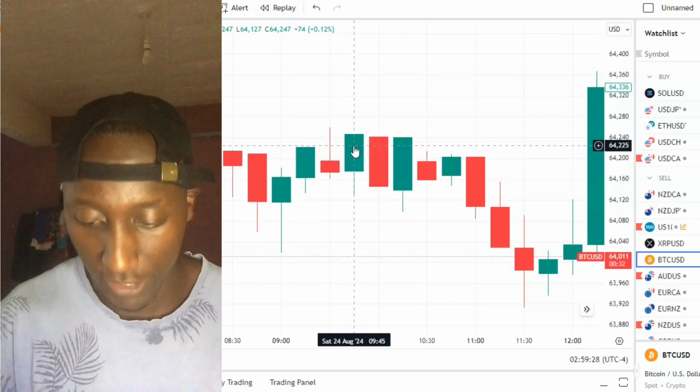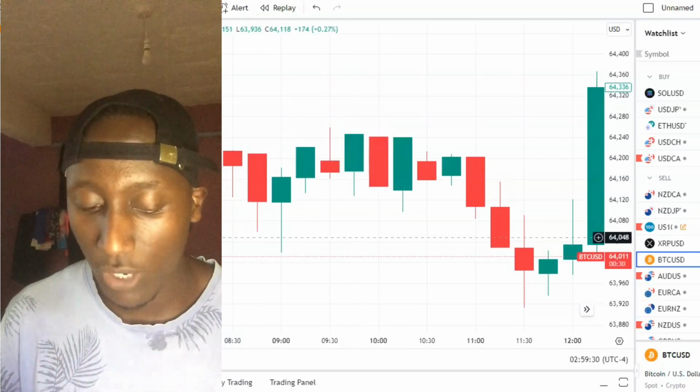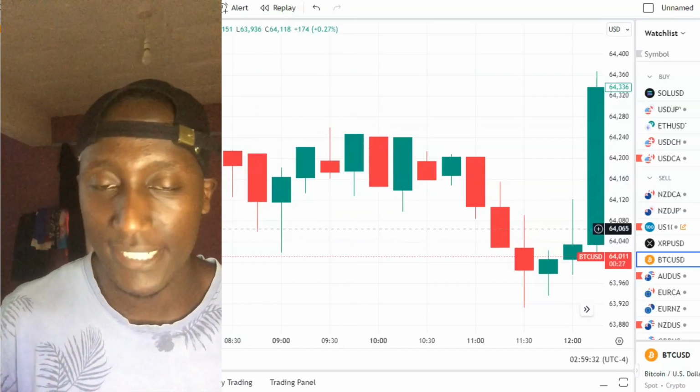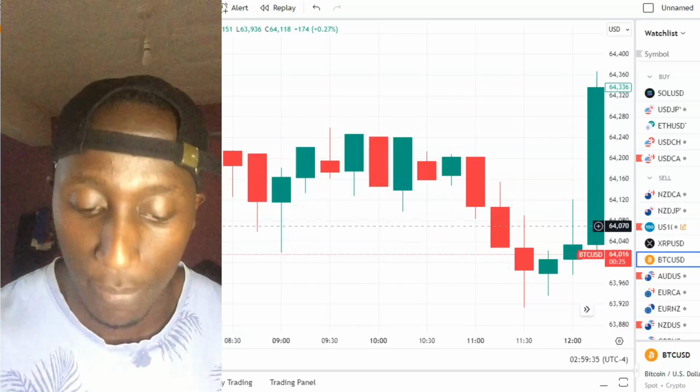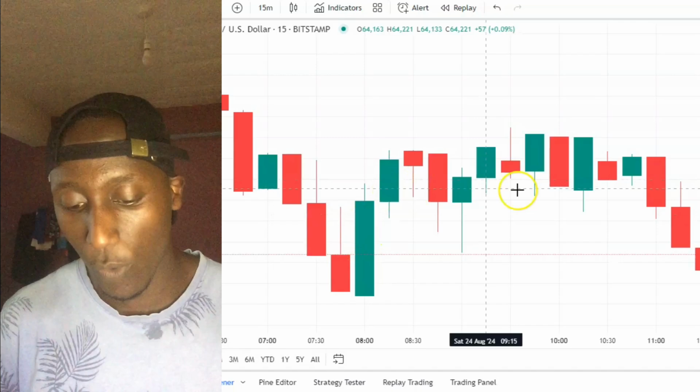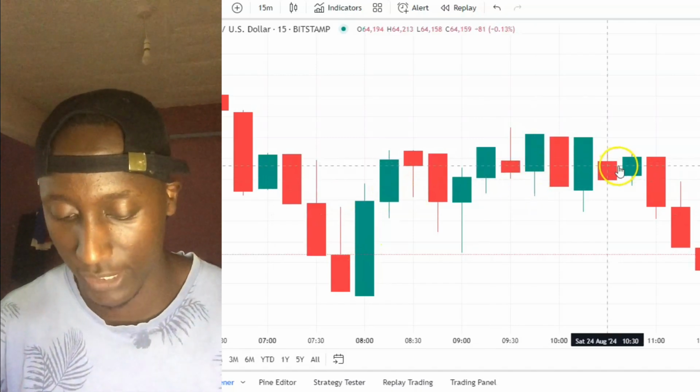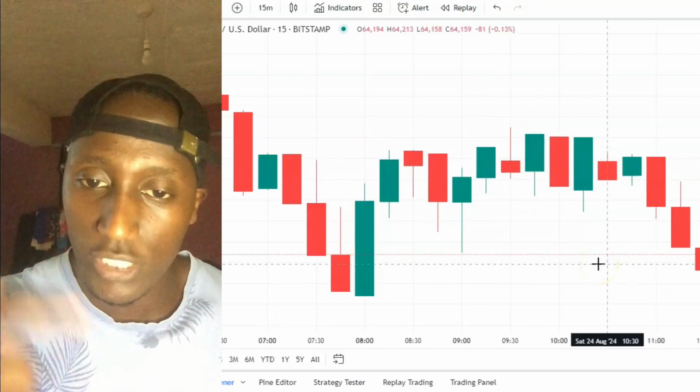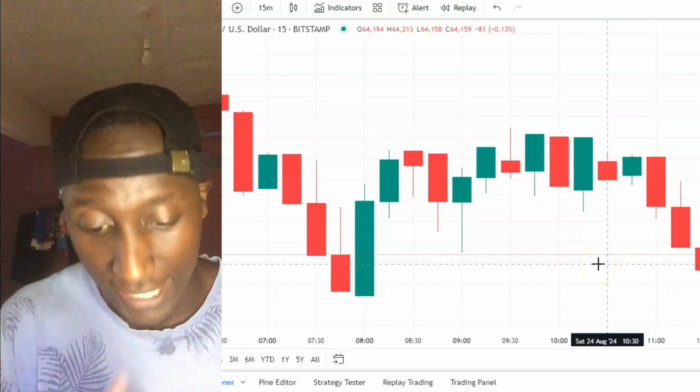This is the same thing with candlesticks. If we look at these blue ones, this means that price is going up regardless of the size. You'll see we'll have big candlesticks, we will also have small candlesticks, but the color is what determines where price is headed.